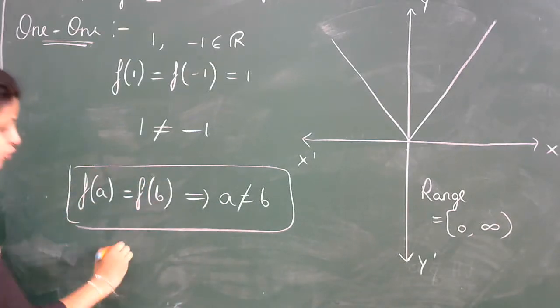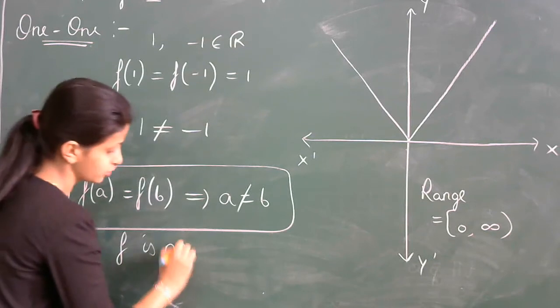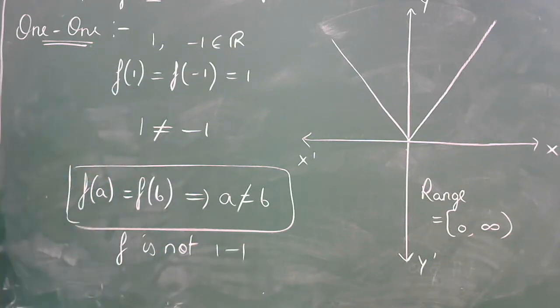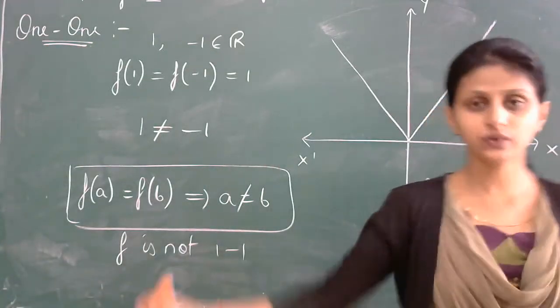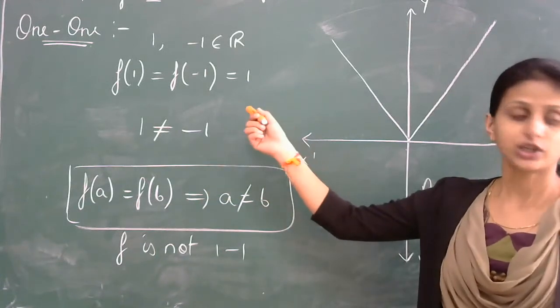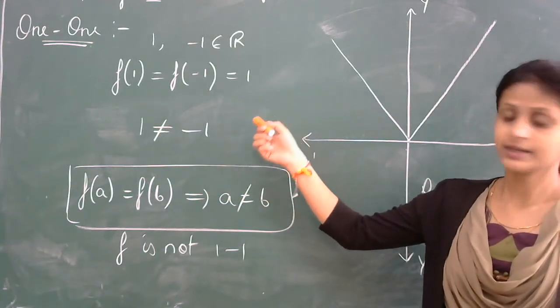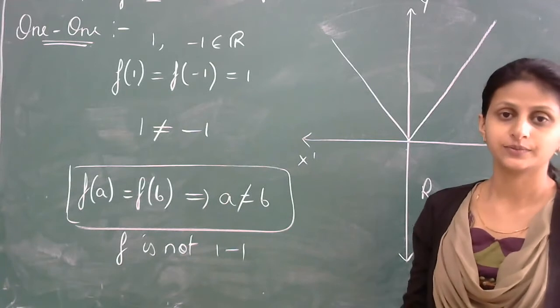And hence you conclude that the function f is not one-one. So whenever they ask you about the modulus function, you can tell that this function is not an injective function. Or you can say it is not a one-one function.